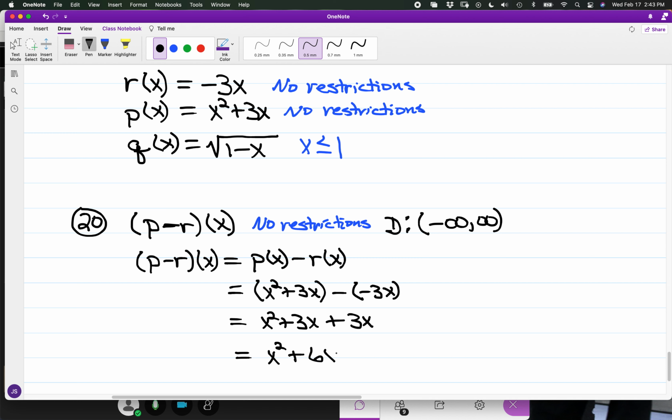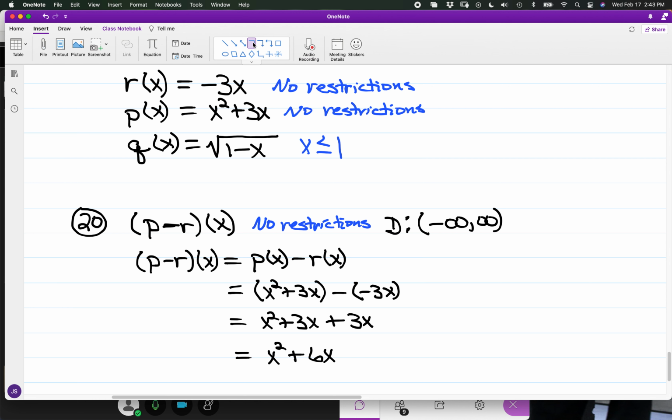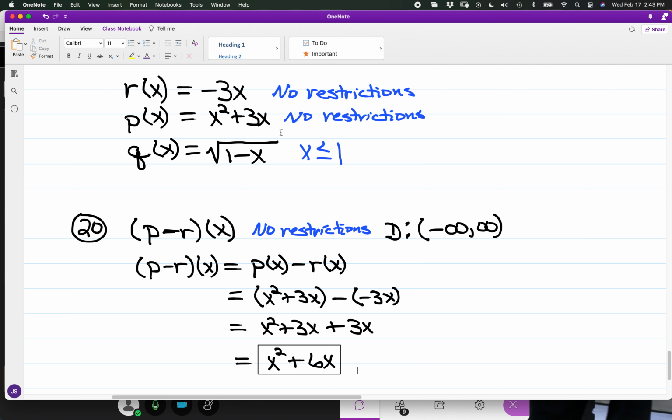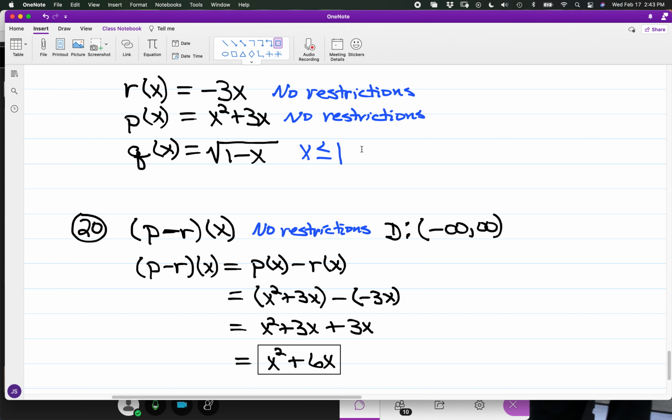And so for the result here, this is going to be x squared plus 6x. Again, R of x had no restrictions, P of x had no restrictions. So there are no restrictions from either of these functions to apply to the sum, difference, or product functions among the variations of P and R. And again, the domain we have as all real numbers.